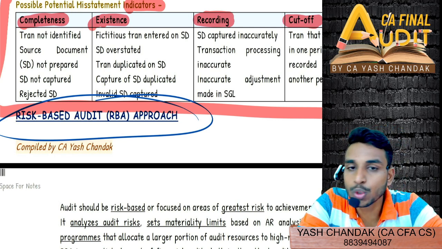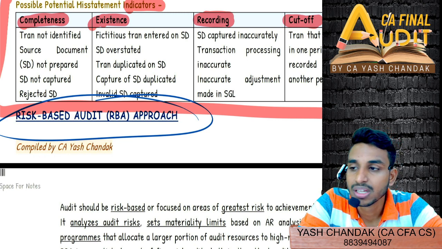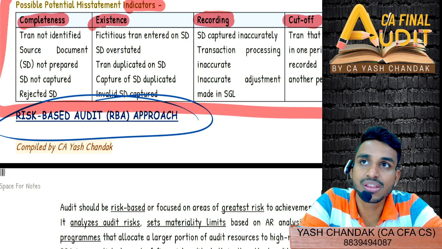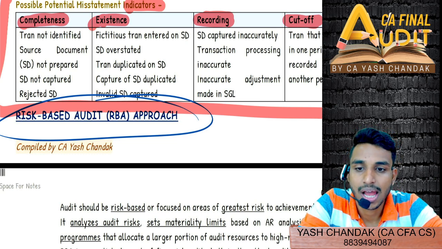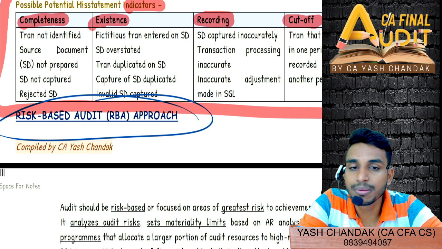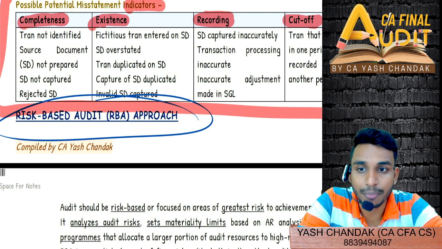So you will tend to give more attention to which area? The areas which have higher risk or areas with lower risk? Areas which have higher risk. Higher risk, right? So similarly, here also risk-based audit will be the audit which is based on risk assessment.